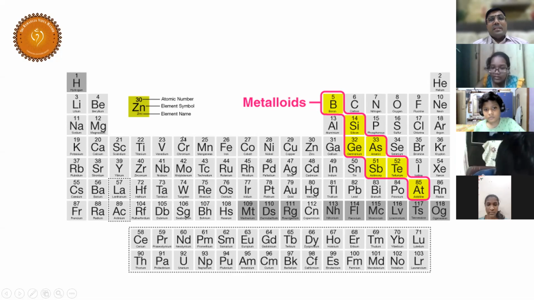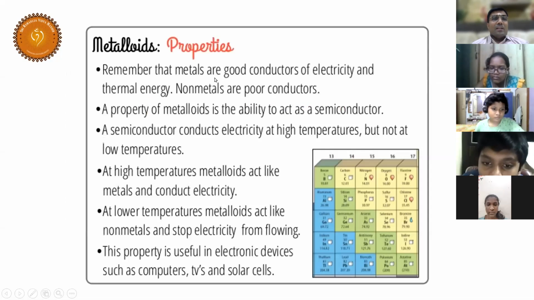Some of the properties: they exist as semiconductors. Try to understand, students. Metals are good conductors, non-metals are poor conductors, so these are in between. They conduct electricity at high temperature, but not at low temperature. Very important point.